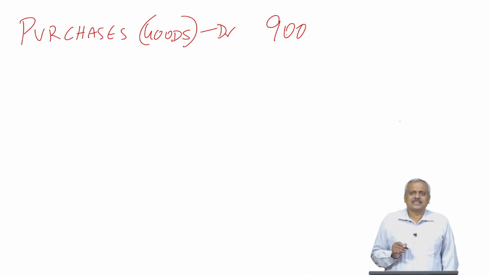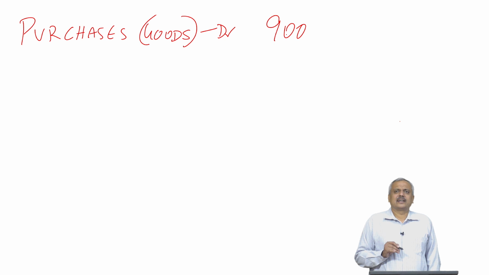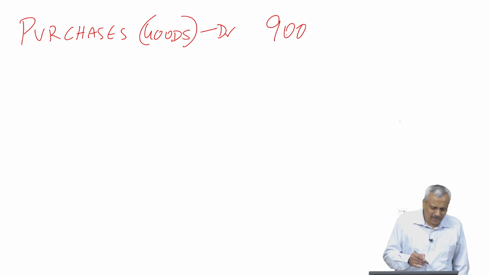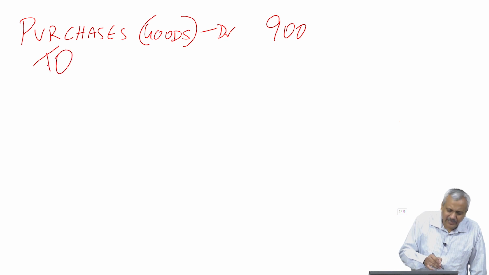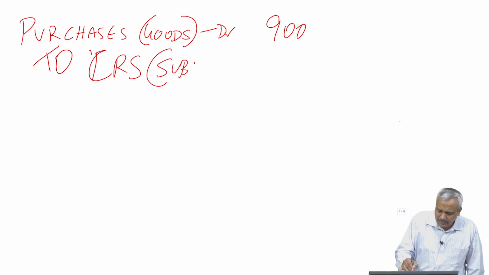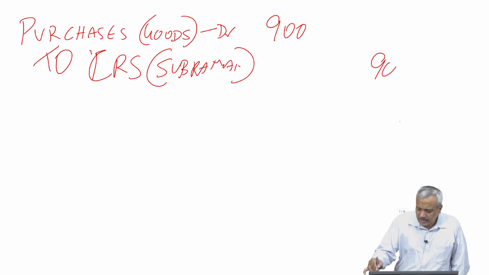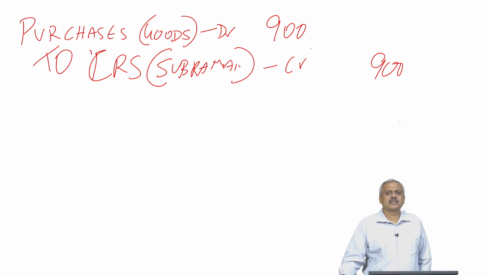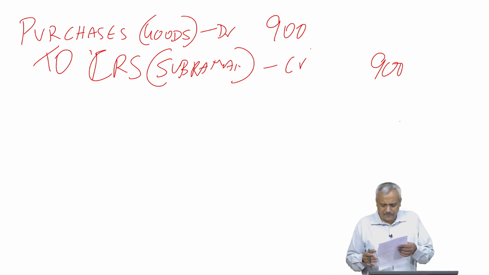It does not say cash, it just says you have bought it. Obviously you have bought it on credit. Debit the receiver, credit the giver. Who is giving you this credit? Subramaniam is giving the credit, so I will credit his account. Very simple and straight. I have just finished it.